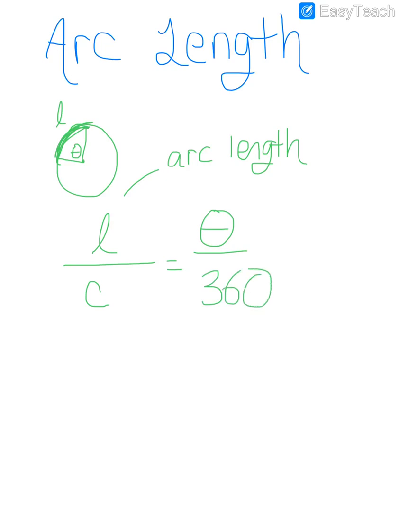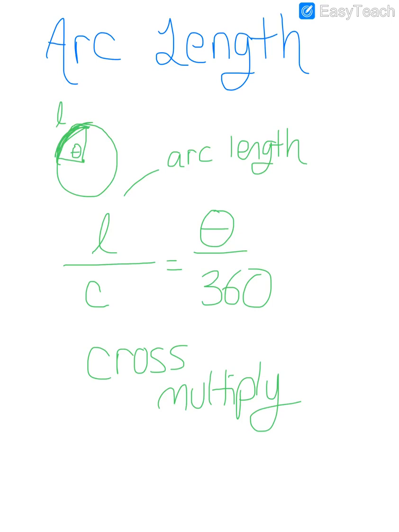And then from here we will cross multiply to solve. So it's length over circumference equals angle over 360. Let's rewrite that over here so we can remember, and we'll go ahead and do our problem.